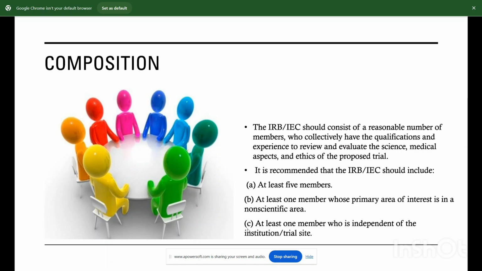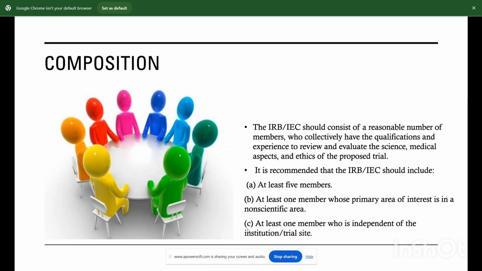As per the ICH GCP guideline, it is mentioned that the EC should have at least 5 members, and one member's primary interest should be non-scientific, and they should be independent of the institution.